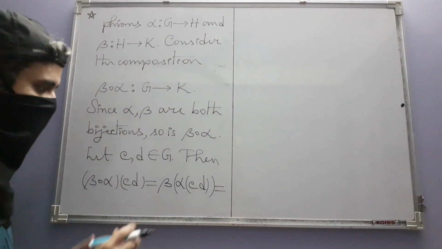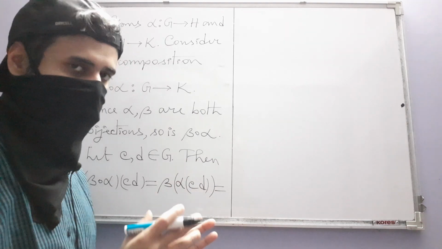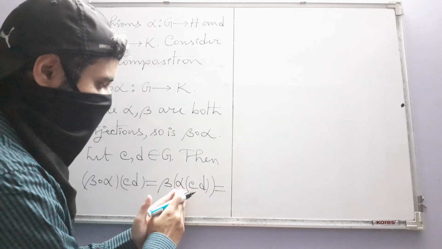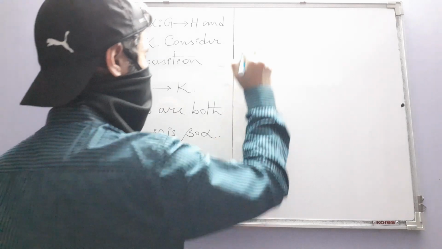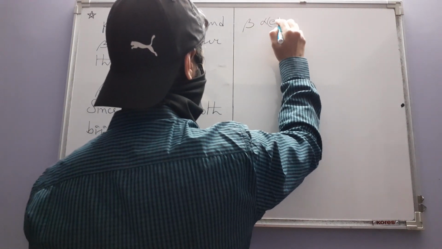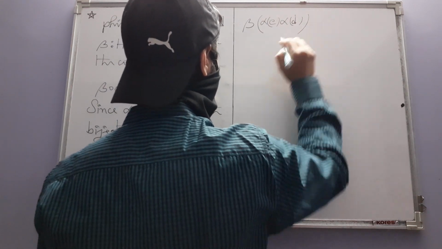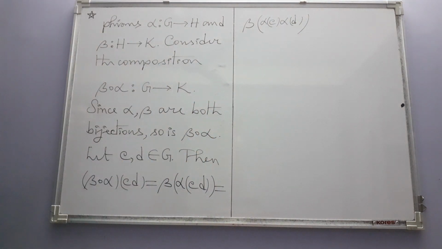Now first you use the fact that alpha will distribute itself over the product because alpha is an isomorphism. So this equals beta of alpha of C times alpha of D.